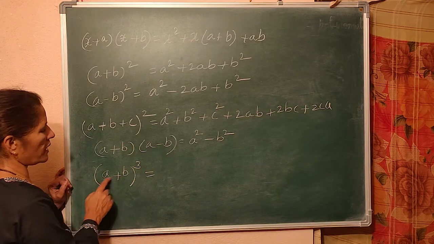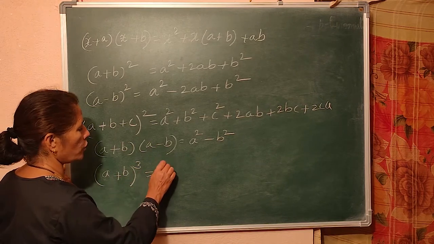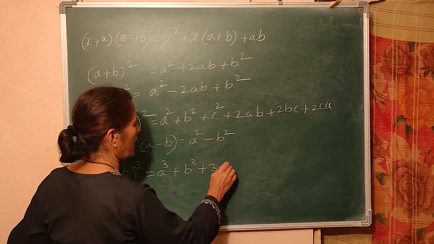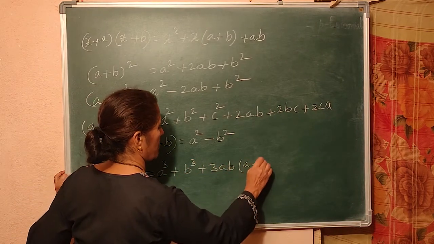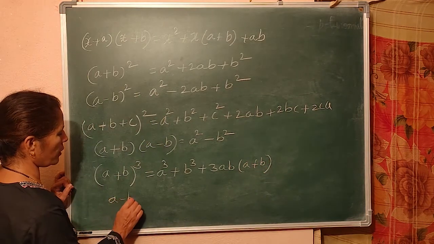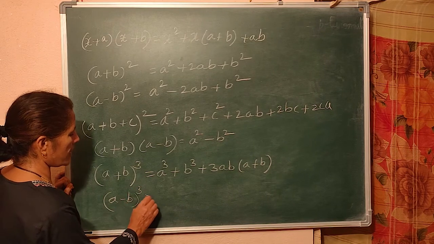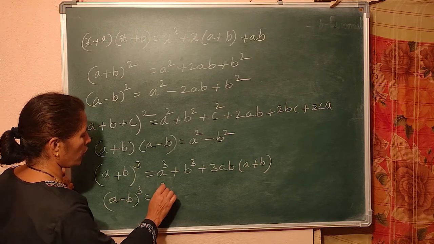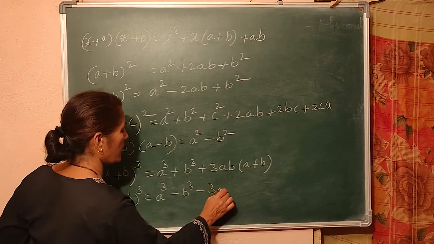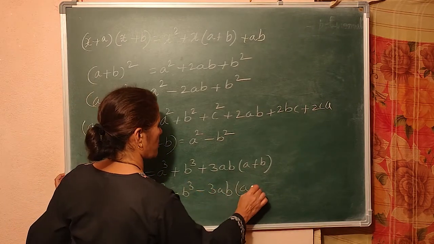What is (a plus b) the whole cube? a cube plus b cube plus 3ab into (a plus b). Next one, (a minus b) the whole cube. What is (a minus b) the whole cube? a cube minus b cube minus 3ab into (a minus b).